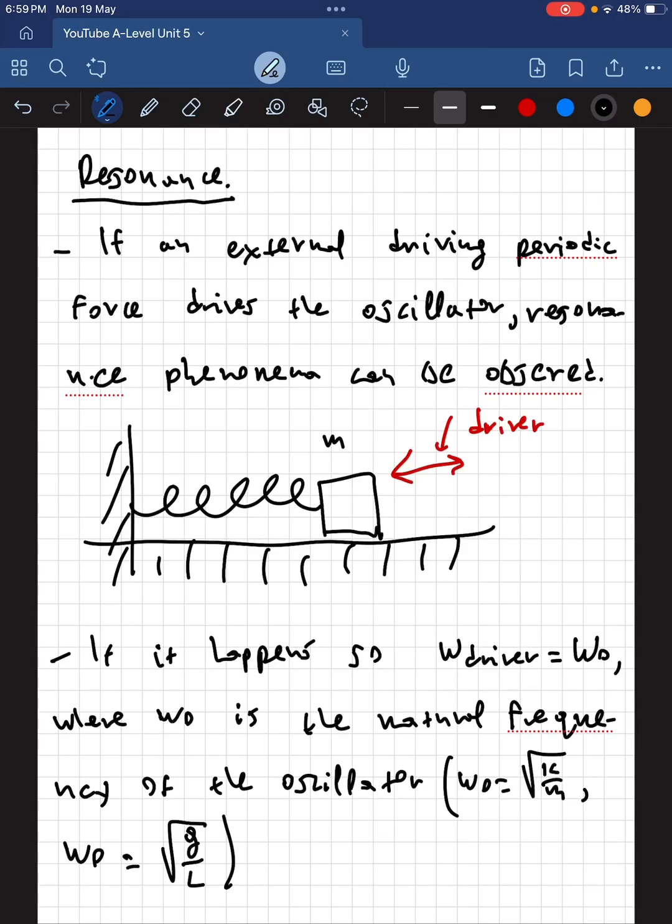So that's the natural frequency of these two objects, okay? So if the driving frequency is equal to the natural frequency of the oscillator, then the amplitude of the motion becomes very large.